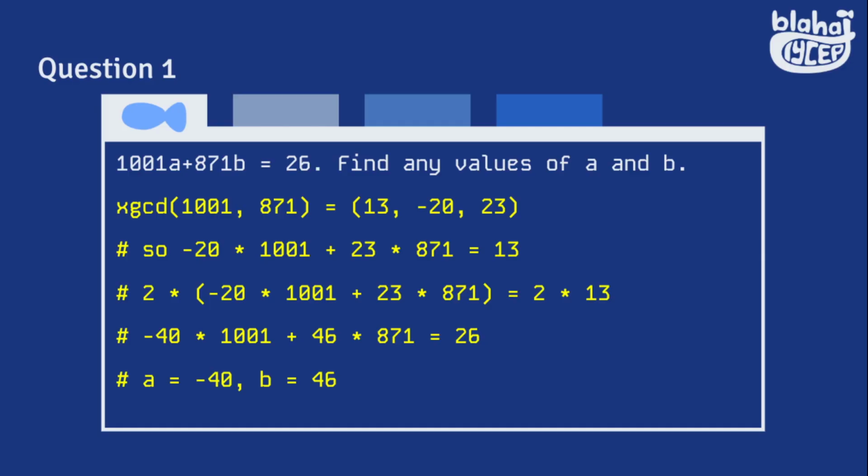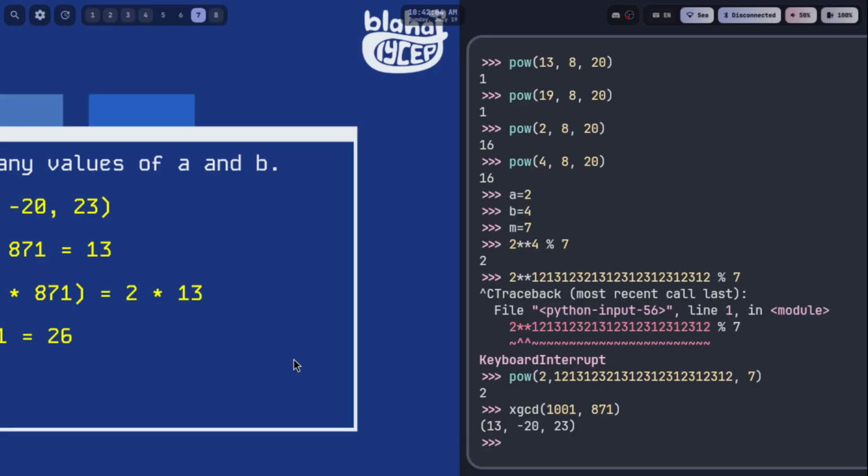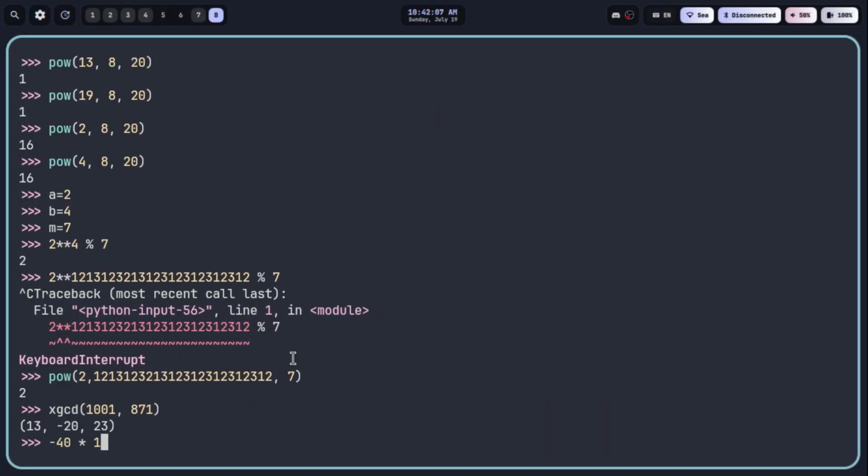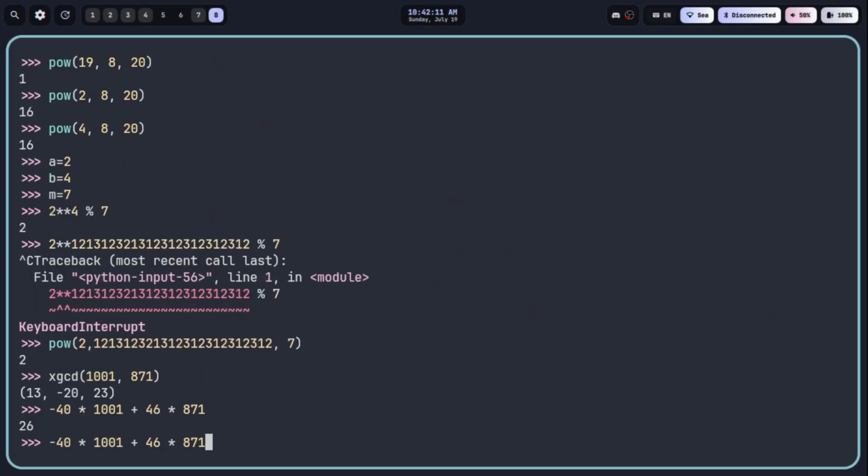But they are not the only solutions. As Bézout's identity says, there exist numbers, which does not guarantee the solution is unique. So I'll give a quick example of another one that works, which will be negative 40 plus 871 and 46 minus 1001.